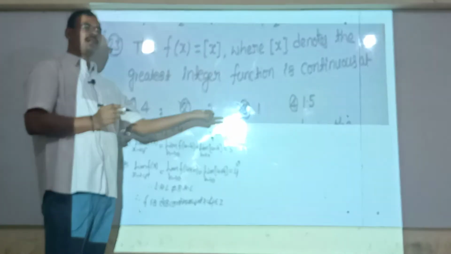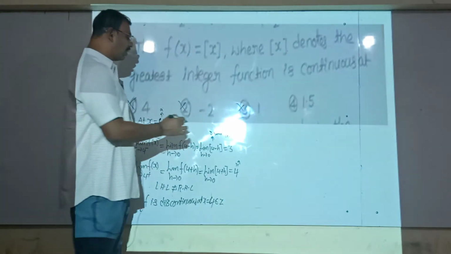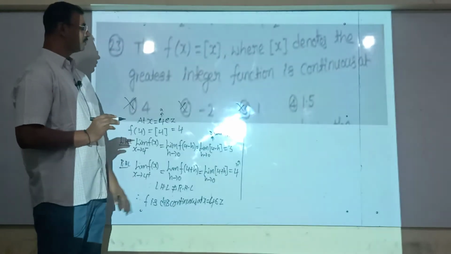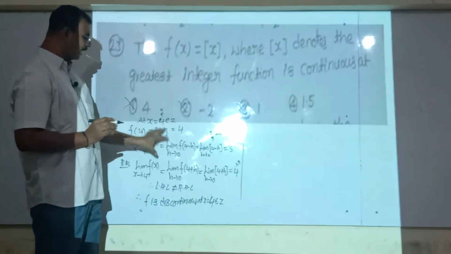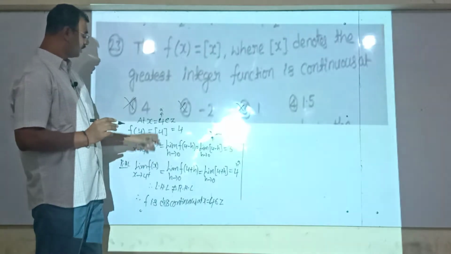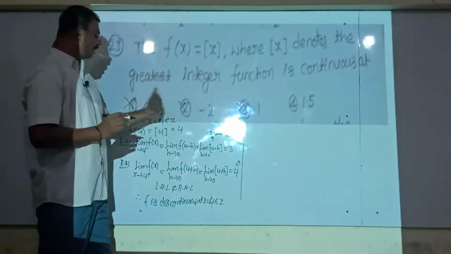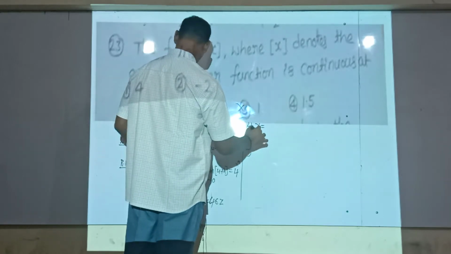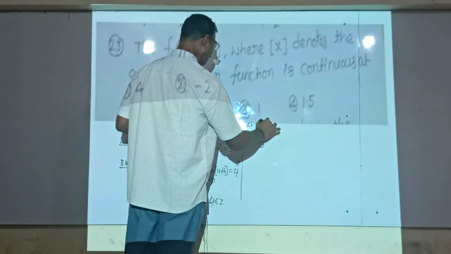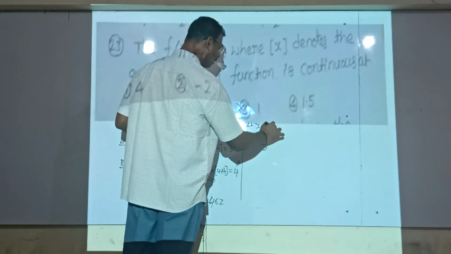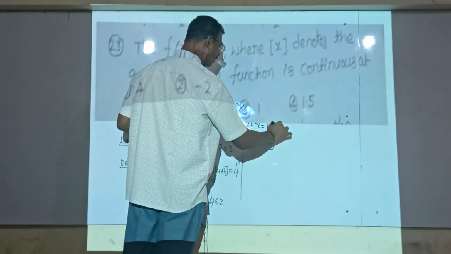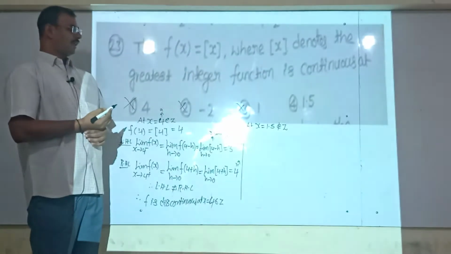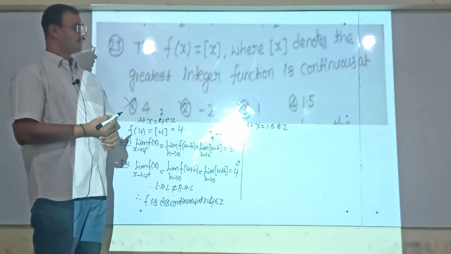If I take a non-integer, now I have to show it here. This is only for the sake of understanding; this much time is not needed. I have given 4 to mean any integer. Now I am taking a non-integer. Same process at x equal to a non-integer: I am checking 1.5, which is a non-integer, any real number.